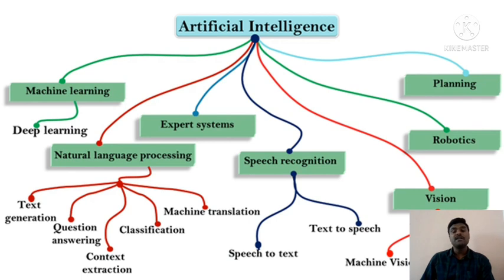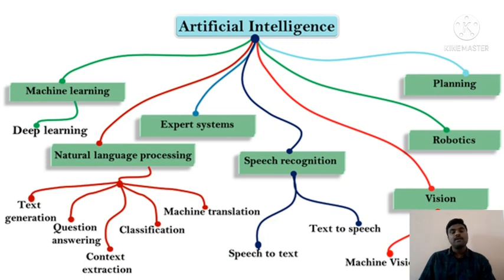So, machine learning is a subfield of artificial intelligence where we feed data to a machine and that machine learns. First, it will try to make a decision out of that data and learn from that data and try to implement and make decisions on what it has learned from the experience.